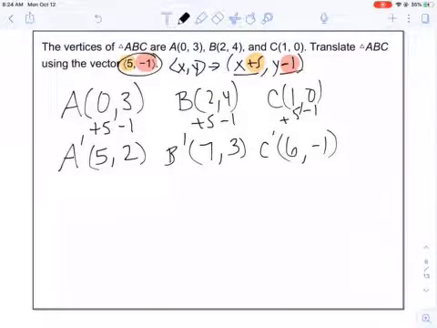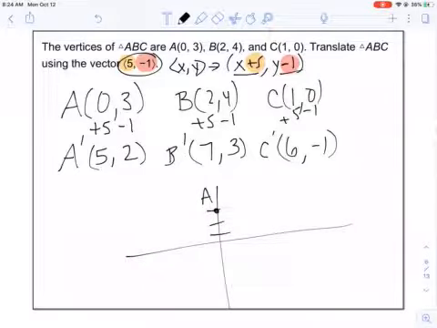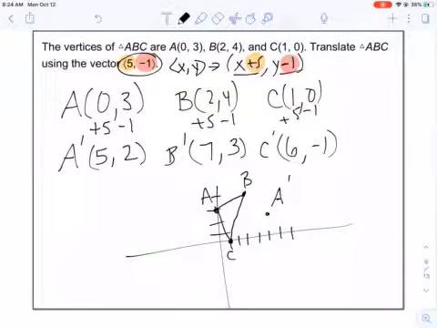And now the last thing we need to do is plot these points. So 0, 3 is A, 2, 4 is B, and 1, 0 is C. Then we've got 5, 2, that's A prime, 7, 3 is B prime, and 6, negative 1 is C prime.